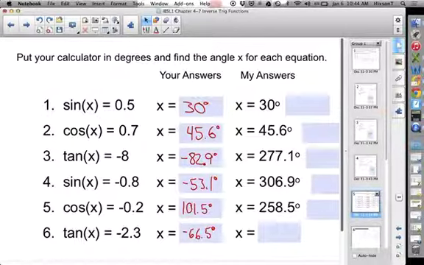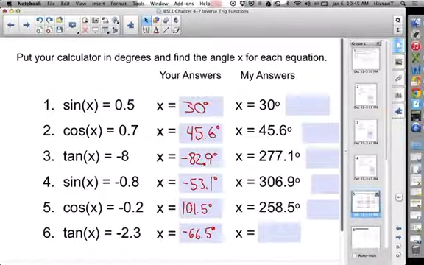This is in the third quadrant. So when I'm told that the cosine is a negative 0.2, there are actually two possibilities for what my answer could be. In fact, for all of these, there are two possibilities.